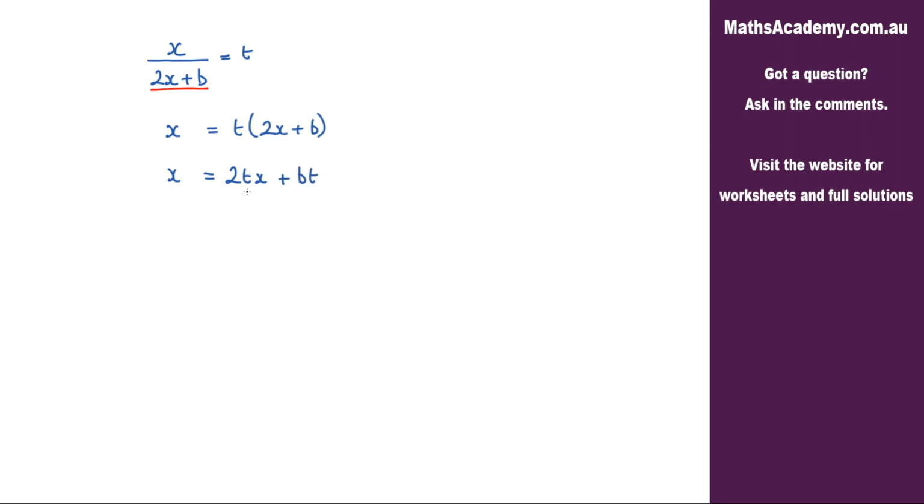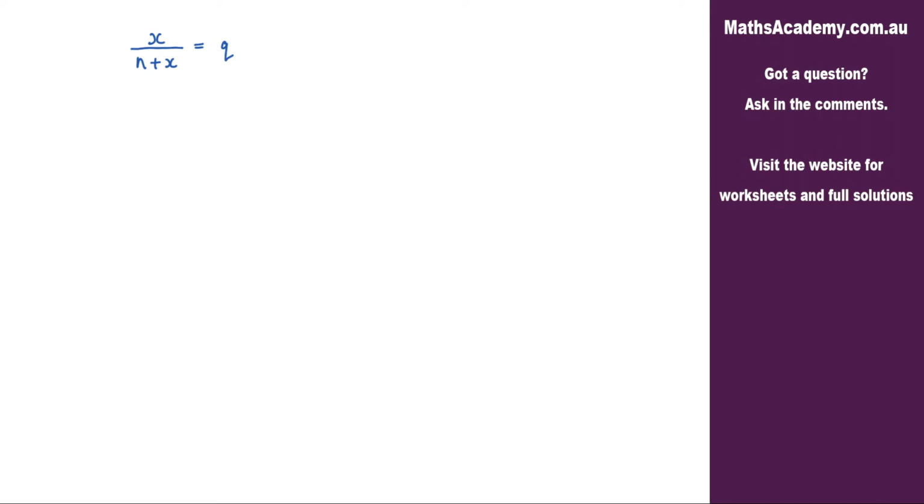I can then subtract 2tx from both sides to eliminate this, so x minus 2tx is equal to bt. I then factorize on the left hand side, so I'll get x(1 minus 2t) is equal to bt, and then divide by 1 minus 2t, so x equals bt over 1 minus 2t.